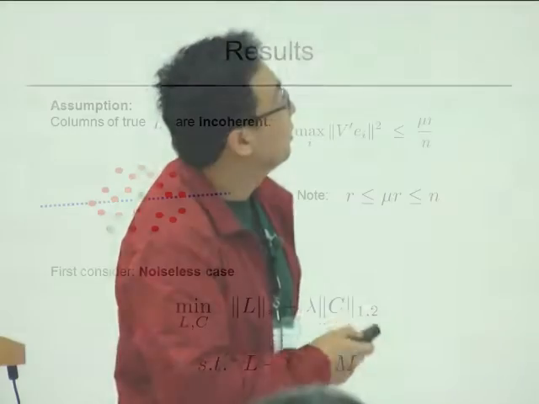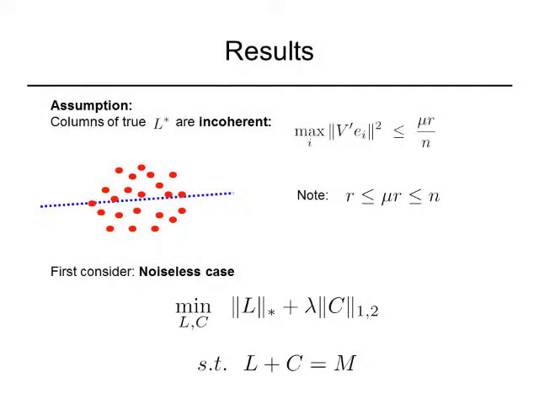Otherwise, if the inner product is large, it basically means that there are some directions which are solely contributed by maybe 3 samples or 5 samples, and that will lead to the ambiguity problem I just described. So to make it rigorous, basically we want the row space to be incoherent. This is a condition that we impose, and this is the only condition that we need. Besides that, there are no other conditions.